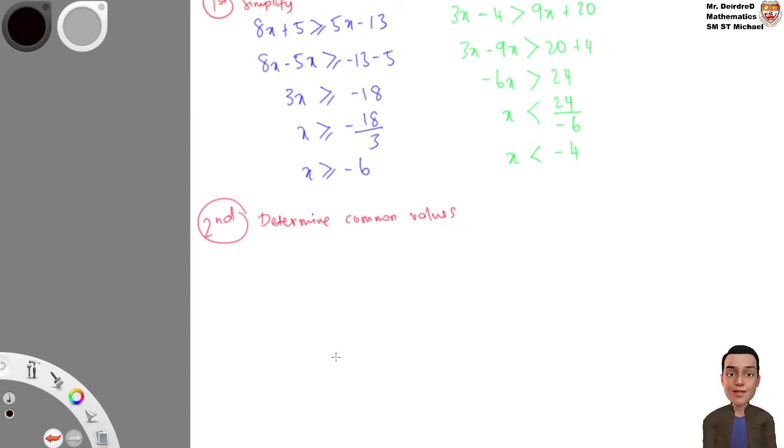So first, the easiest way is to draw your number line. I'm going to do it properly by using a ruler, so that it looks nicer.